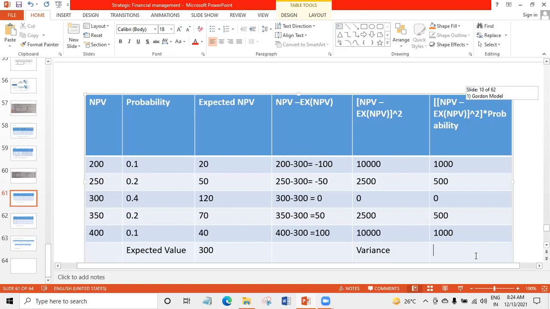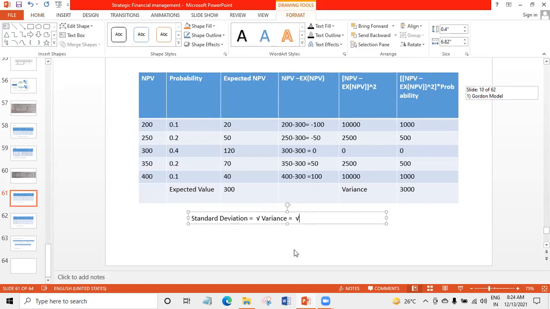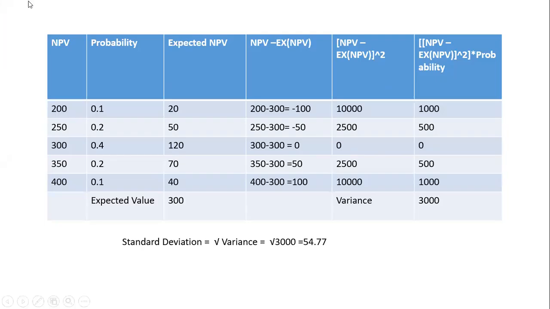Total 3,000. Variance is 3,000. The square root is 54.77. Standard deviation is the numerator for the coefficient of variation. Note it down.